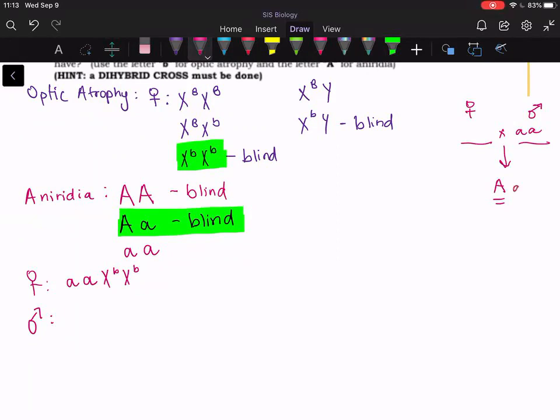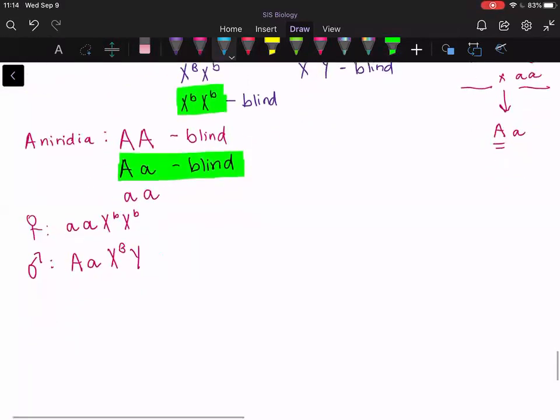So that means he inherited one of the recessive alleles from his father. That's how I'm able to tell right away that he is heterozygous. Now, he does not suffer from optic atrophy, so I know that he has the dominant allele and he has the Y chromosome.